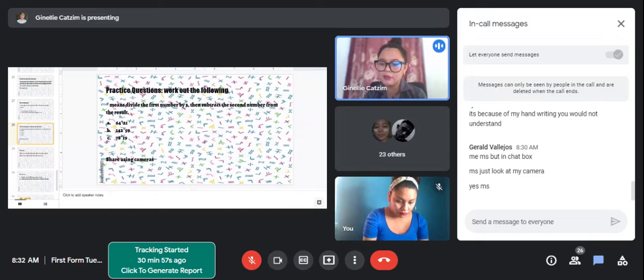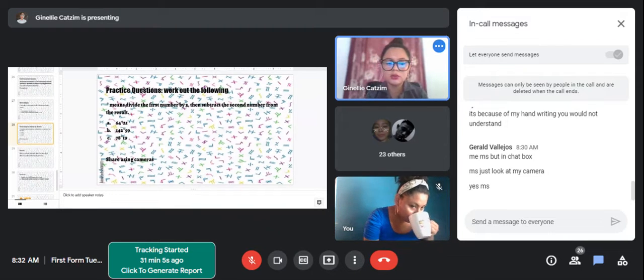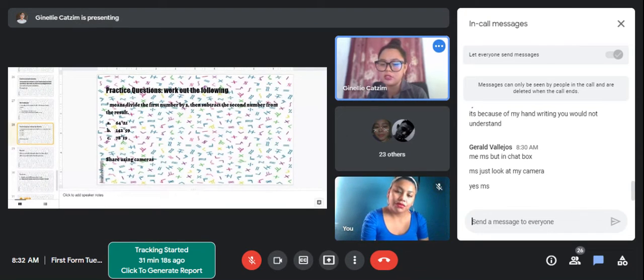It looks like it froze. Well, on my screen it kind of froze, right? But that is correct. We divide the 142 by 2, we get our answer, and we subtract the second number from our answer, right?